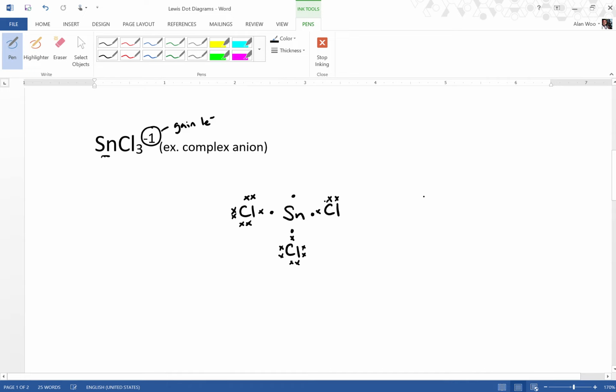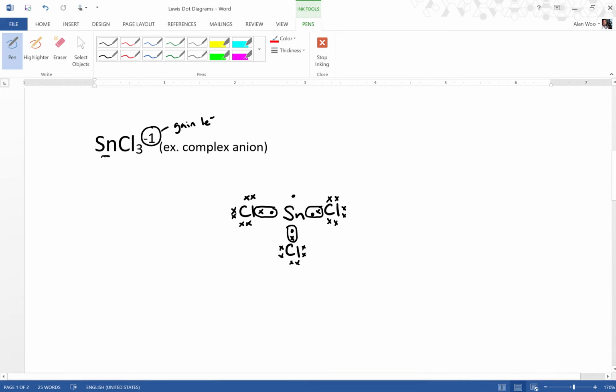You'll notice that the chlorines, once you have the 7 electrons with the 1 electron from tin, that chlorine now has a complete octet, and they form single bonds. However, there is that one lone electron at the top here where it's just by itself.